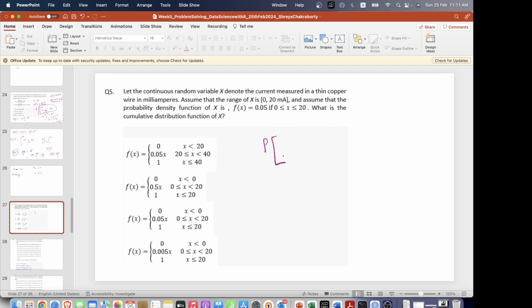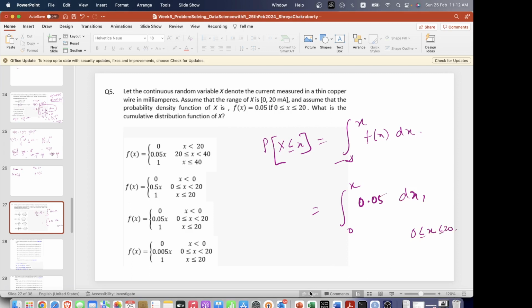So the probability x less than or equal to x is nothing but the integral from minus infinity to x of fx dx. Alright. So here, since x ranges from 0 to 20 where fx is non-zero, 0.05, we would have the integral from 0 to x of 0.05 dx, given that 0 is less than or equal to x less than or equal to 20.